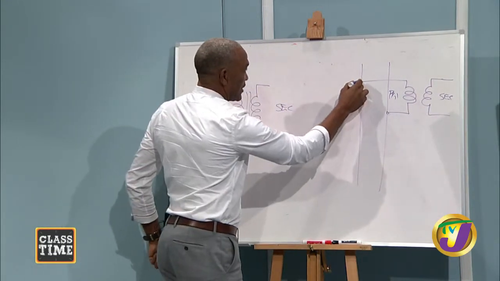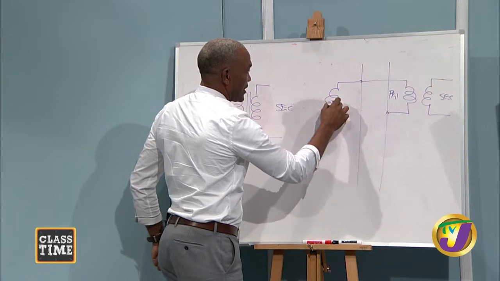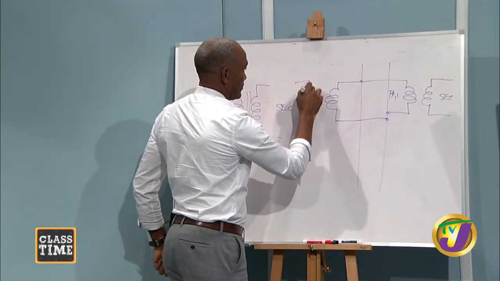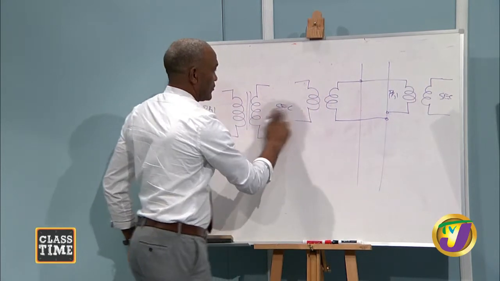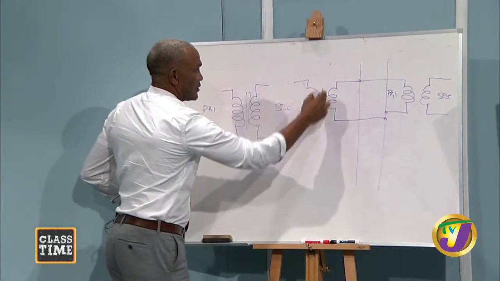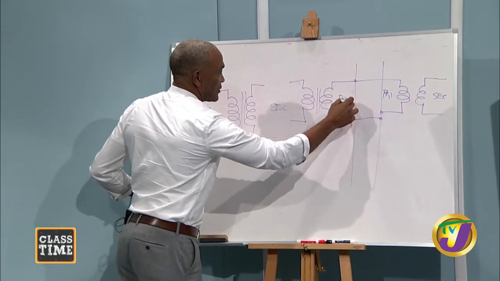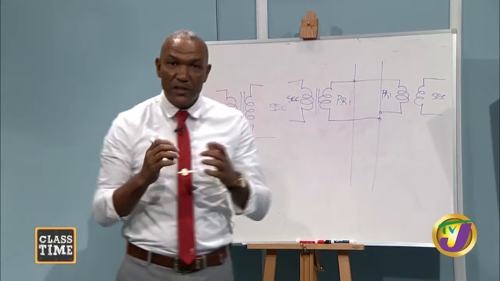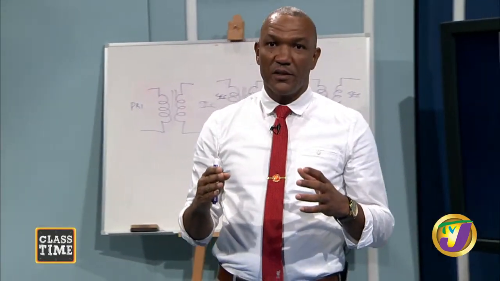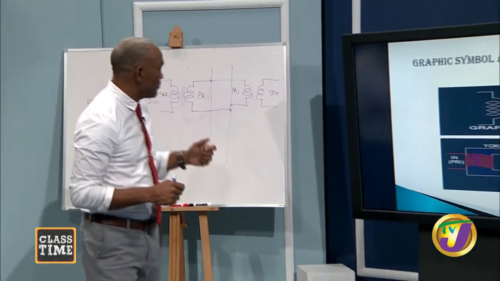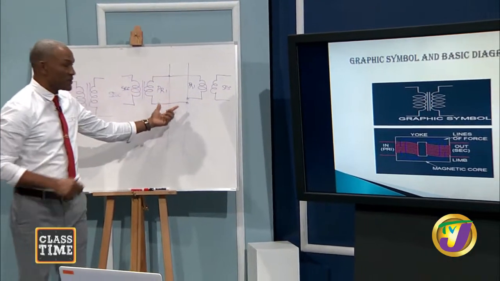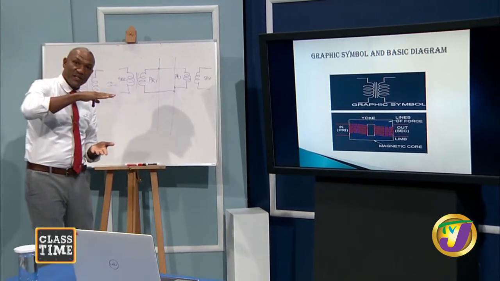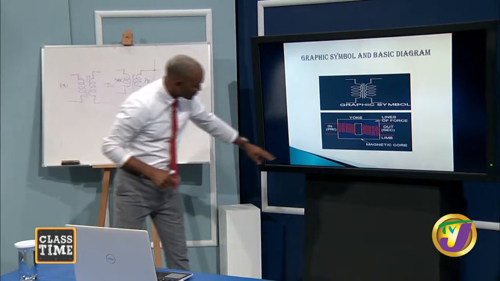However, if you draw the same transformer on this side, this would be your primary, and this would be your secondary. So when you join your transformer into a circuit, bear in mind that your primary side would be the one that is connected to your supply, regardless of how you draw it, whether horizontally or vertically.